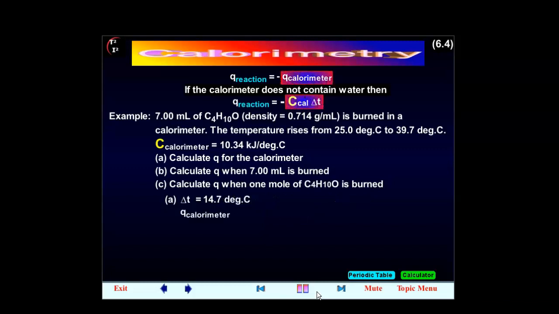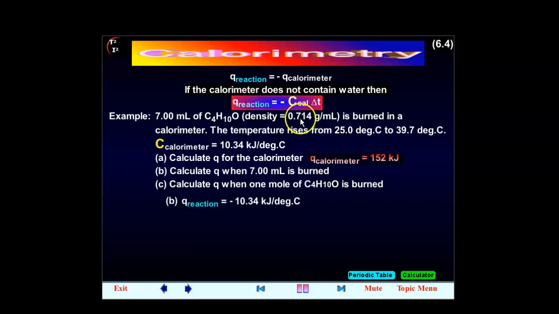Q calorimeter equals 152 kilojoules. B. Calculate Q when 7.00 milliliters is burned. Q reaction equals negative 152 kilojoules.